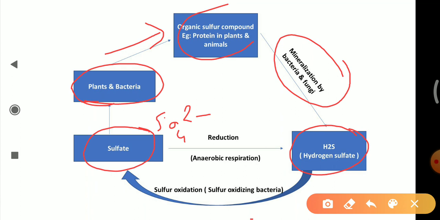Or sulfate is directly reduced to H2S, hydrogen sulfide, by the process of reduction, which can be done in anaerobic respiration by two bacteria, Desulfovibrio and Desulfotomaculum.